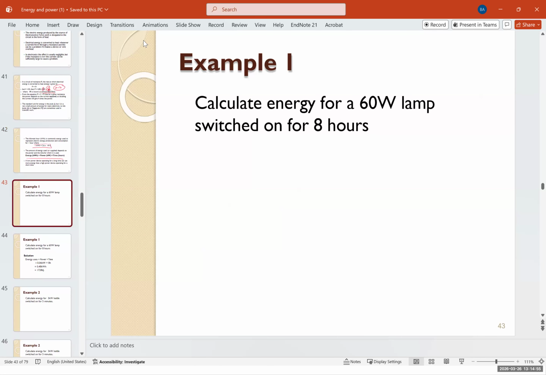Now, the papers that I gave you, I want you to write your names on it and your buff IDs. This is going to be attendance mainly, but I'm going to grade this as well. So for the first question, we want to calculate the energy for a 60-watt lamp switched on for 8 hours. Pretty simple.